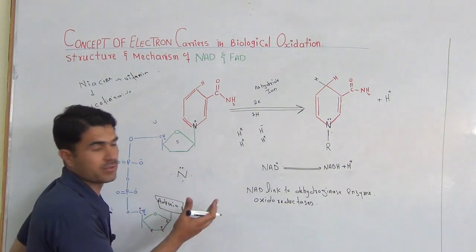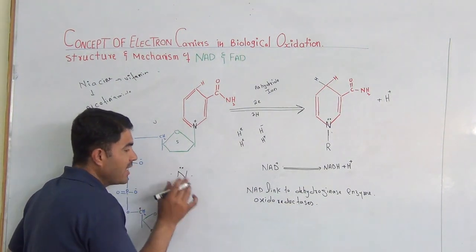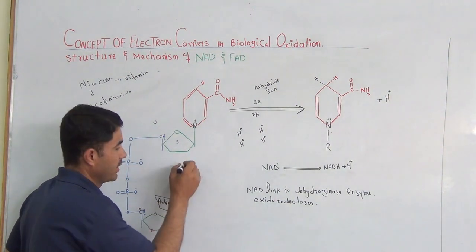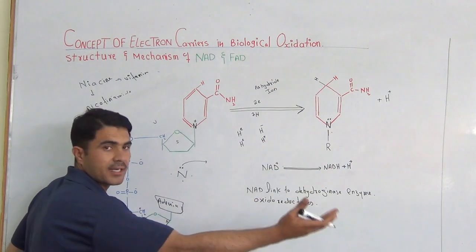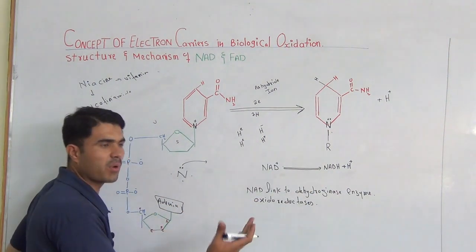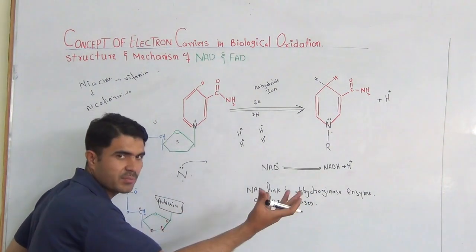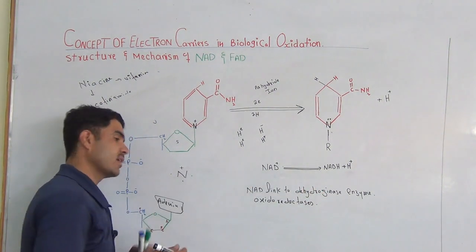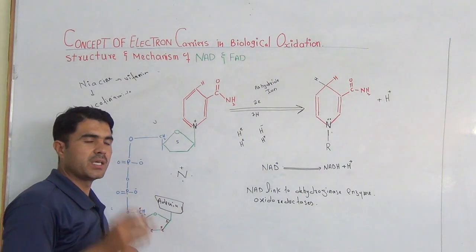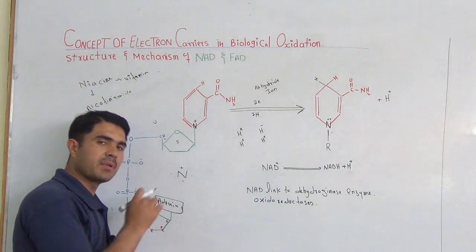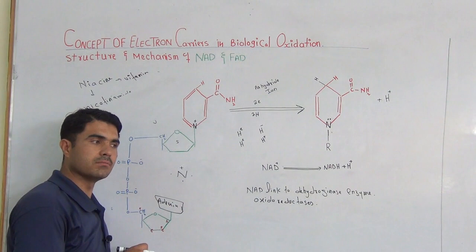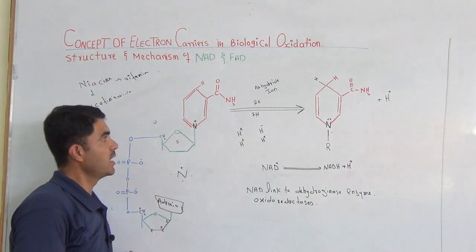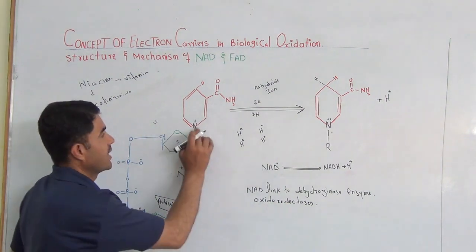So, whenever nitrogen gives its lone pair to some other atom for coordinate covalent bond or for covalent bond or for just simply a bond, then what happens? Nitrogen gets a positive charge. If the nitrogen is given the same electrons, then it will lose its charge, it will come back to its original position.